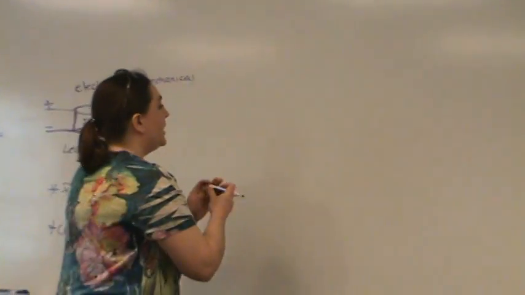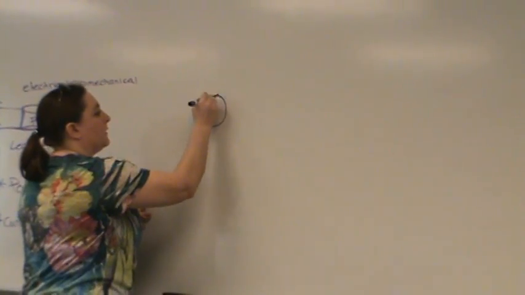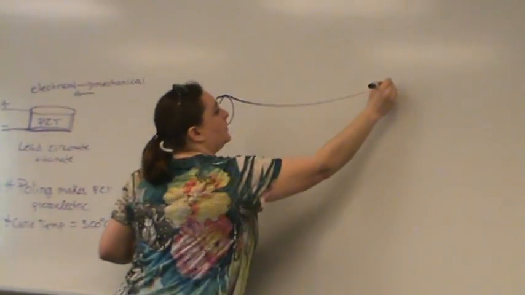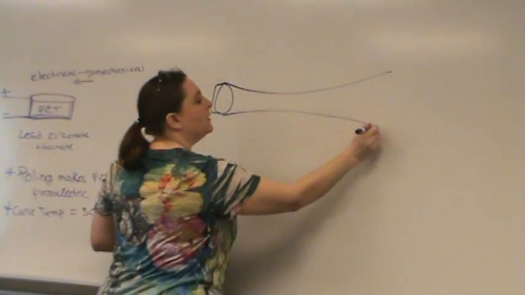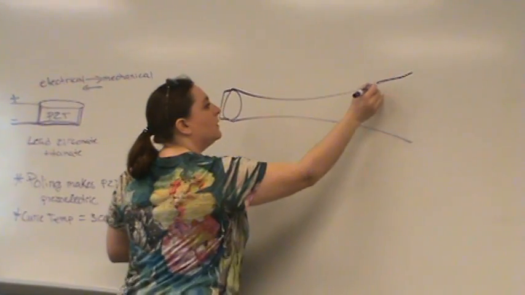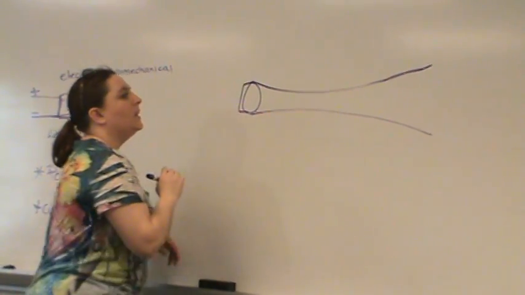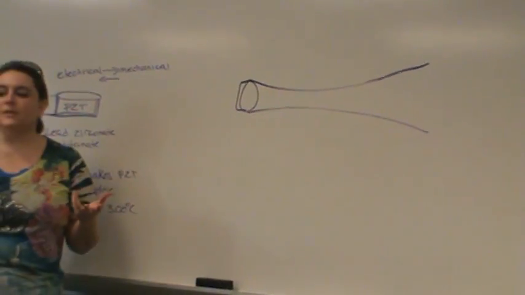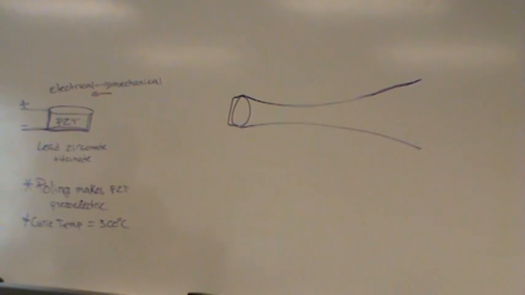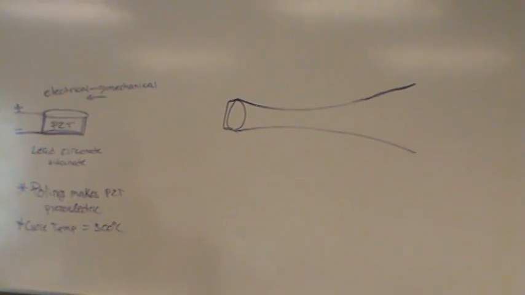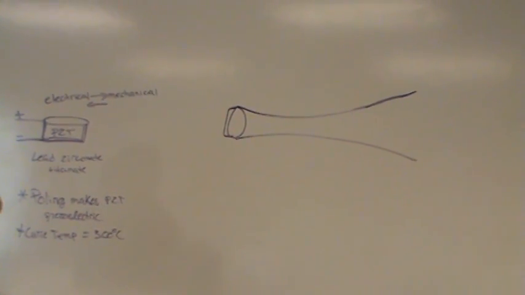So one of the other things we need to know about this transducer stuff is that lovely drawing that we had. Remember this? Okay. So we have this drawing that represents what the ultrasound beam actually looks like as it leaves the transducer.